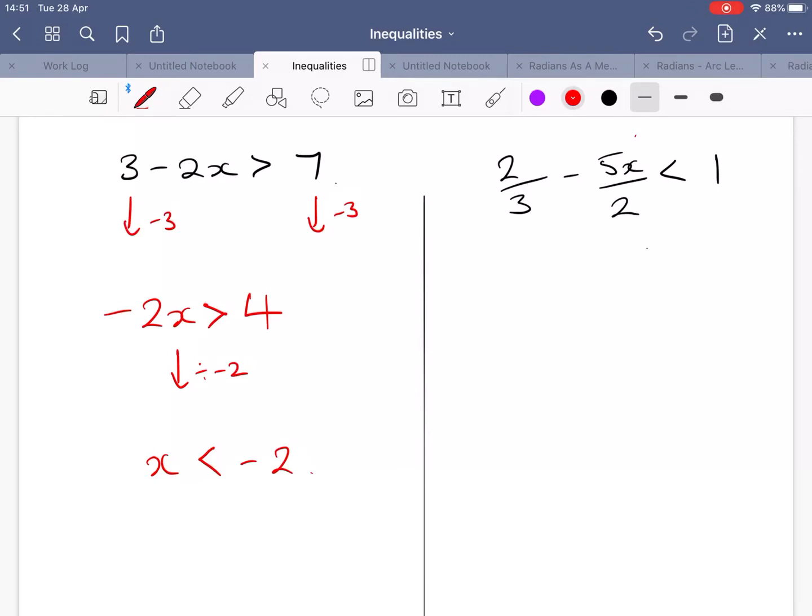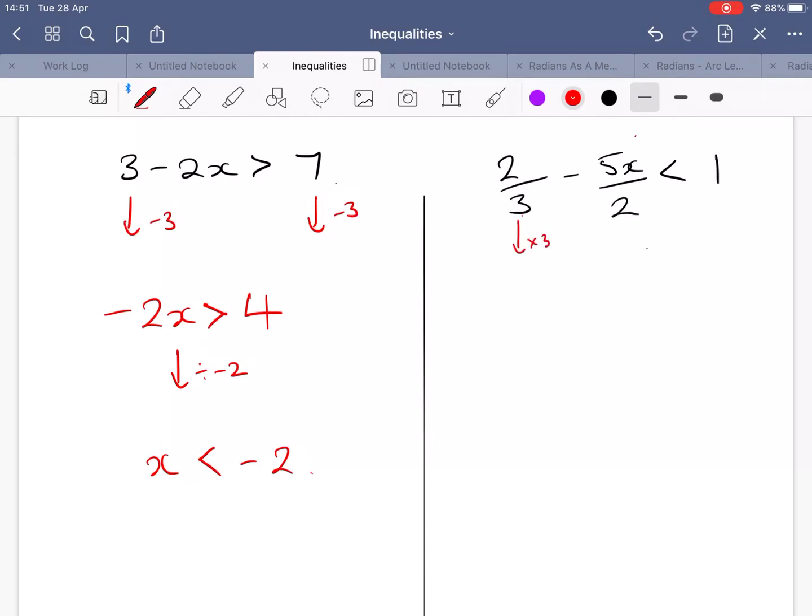Okay. The next one, I thought I'd add this in because we've got one of these in the examples that I'm going to get you to do a bit later. I've got two denominators in this with two different values as denominators, and I want to get rid of them both. You could do it in one go, but I'm going to show you how you could actually do it separately first. So let's try and get rid of this 3.